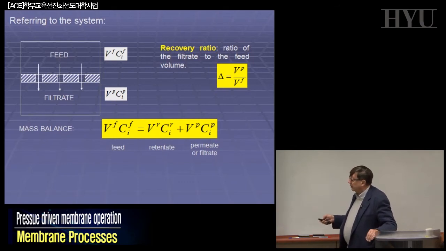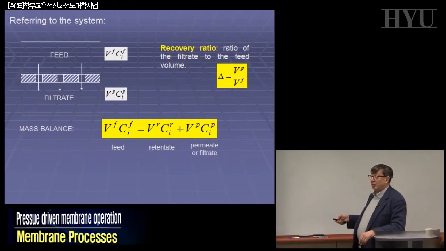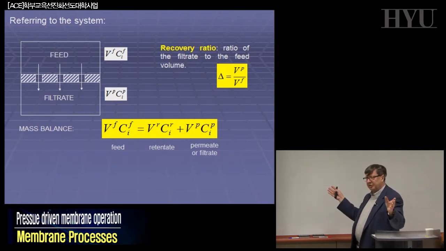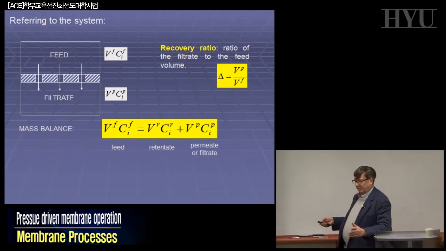Mass balance is telling you that your feed, which is given by the concentration of one component in the feed multiplied by the volume, across the system we saw before, is split in two different volumes. One is the retentate, that means the concentration in the retentate multiplied by its volume, and the permeate. So all the components that were present in the feed are distributed in the permeate and in the retentate.